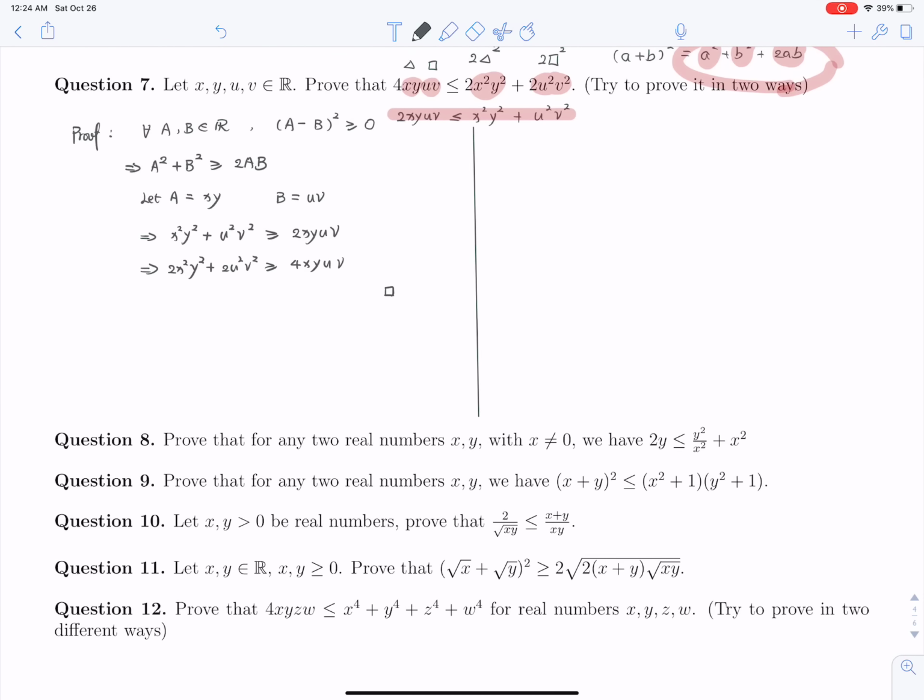Same thing for AM-GM. We let, okay, I'm too tired to write this, so let's just copy paste it. Okay, let a be this, b be that.